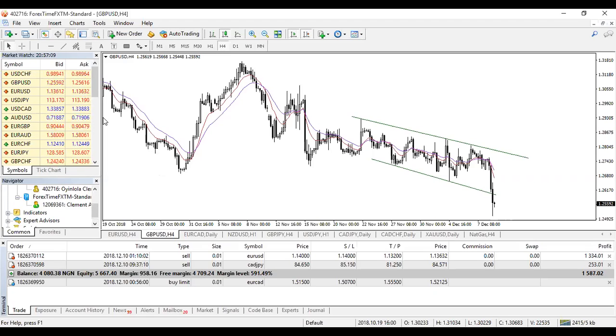And that would give you a lot of headaches and a lot of stress. So that is the bid and the ask price. The difference between the bid and the ask price is simply the spread. So let's go back to where we were before.